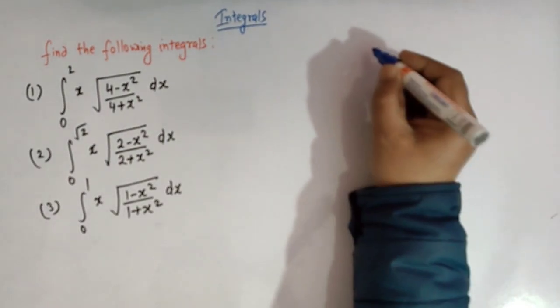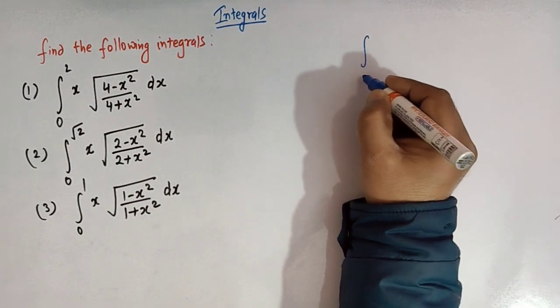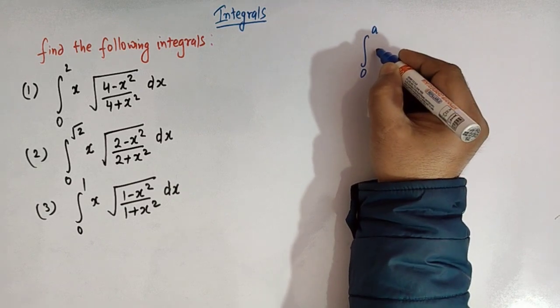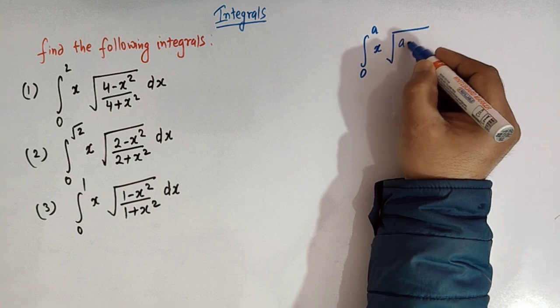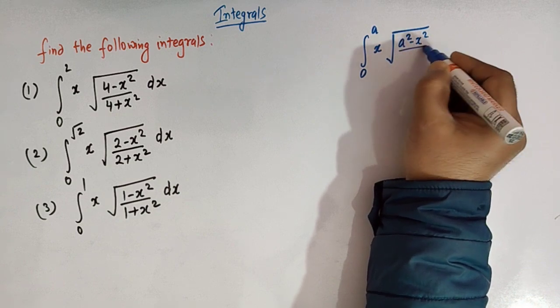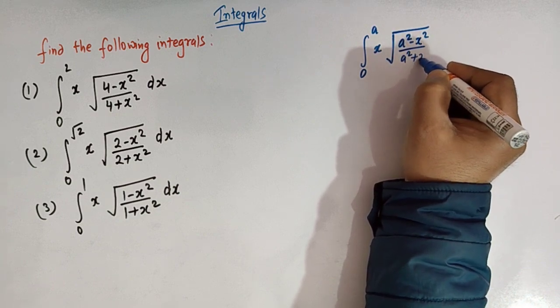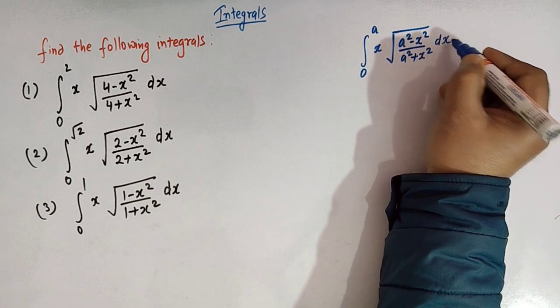Now see, suppose we have an integral from 0 to a, and the integrand is x times the square root of (a square minus x square) divided by (a square plus x square) dx, right?